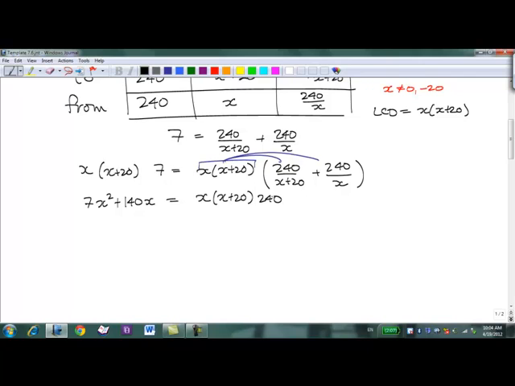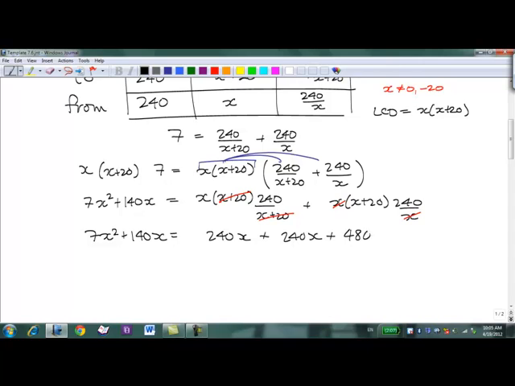That's 240 over x plus 20, and we have x plus 20 times 240 over x. And again, we get some cancellation, which is the whole point of multiplying by the lowest common denominator. The left-hand side is 7x squared plus 140x. The right-hand side is 240x plus 240x, and 20 times 240 is 4,800.